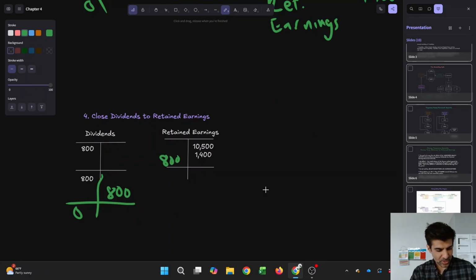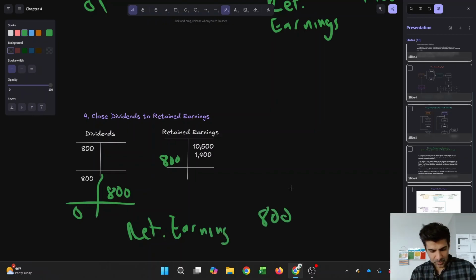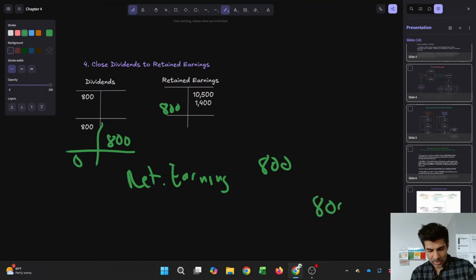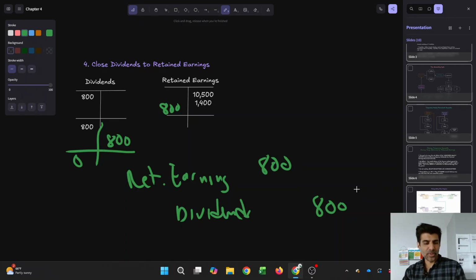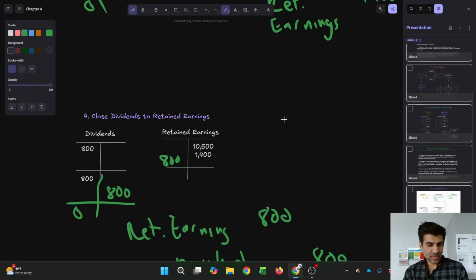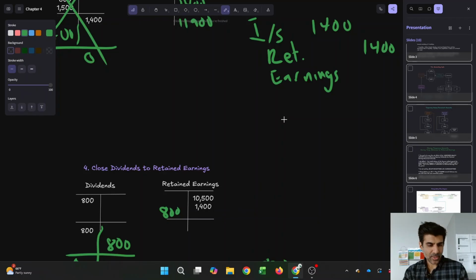So the journal entry is debit retained earnings 800, credit dividends. Now what's my ending balance for retained earnings? Credit 11,100.